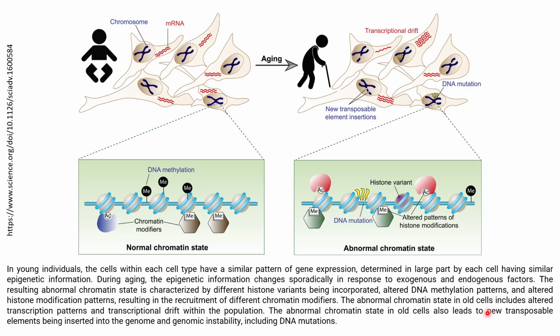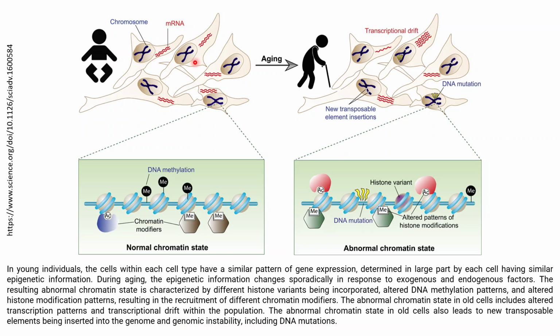And in older cells, you can actually have abnormal chromatin state, which can include these altered transcriptional patterns or transcriptional drift within the population, and that can lead to genomic instability and mutations. You can have these transposable elements that are inserted in the genome and cause some mutations to occur in the genome and cause genomic instability, right?